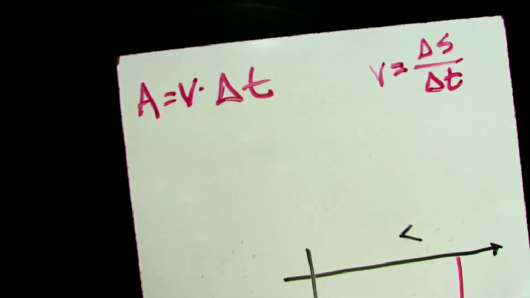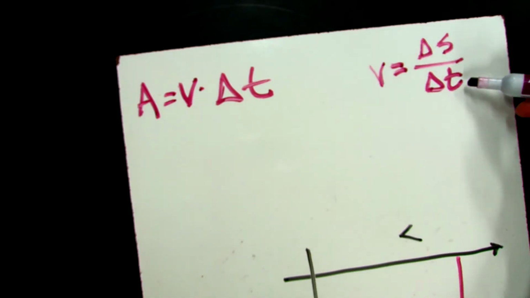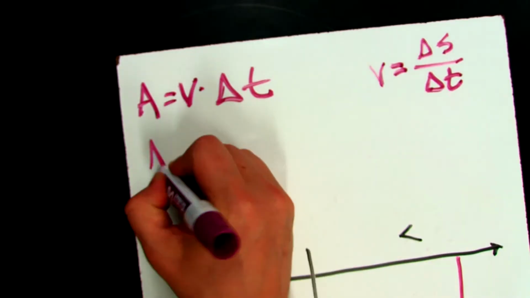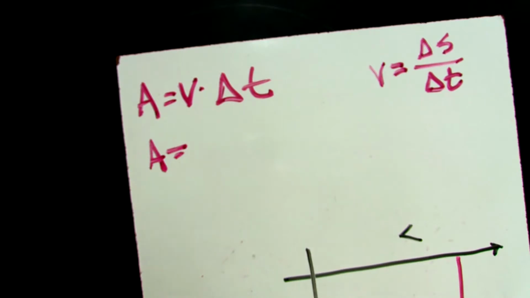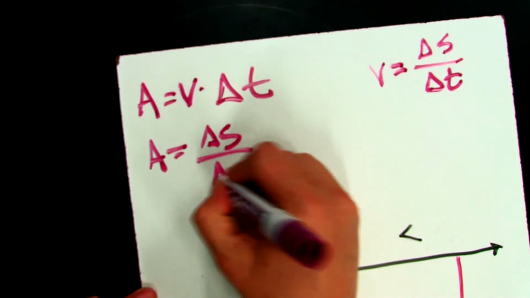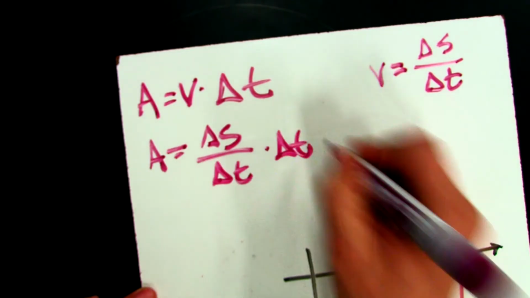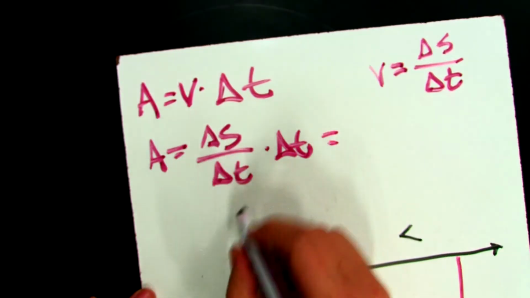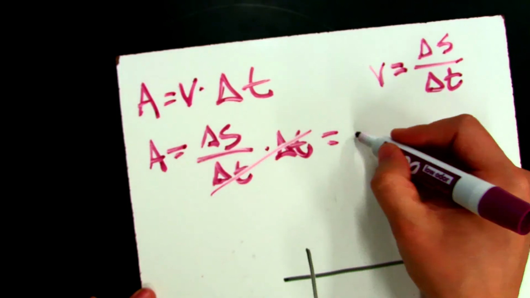You go 50 miles in an hour, then you're going 50 miles an hour, modulo any concerns about changing velocities. But velocity is change in S over change in time. So the area of that rectangle below the curve is going to be delta S over delta T times delta T. These delta T's are going to cancel out, and I'm left with delta S.